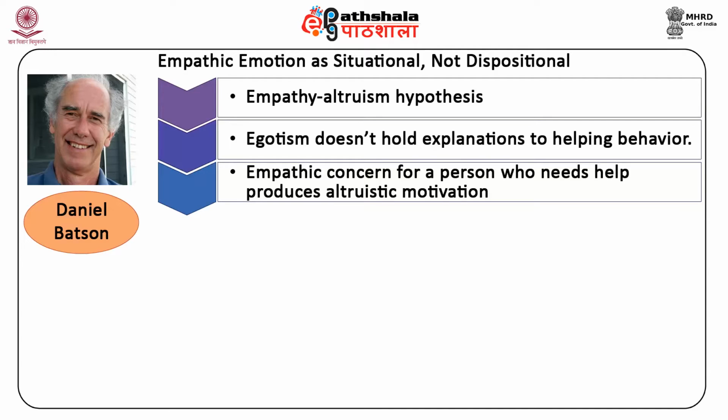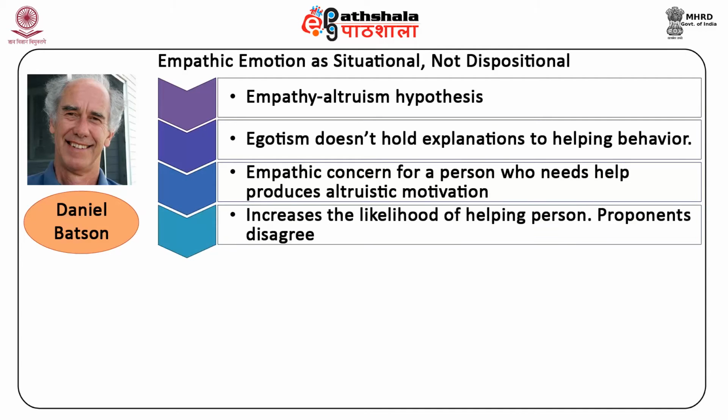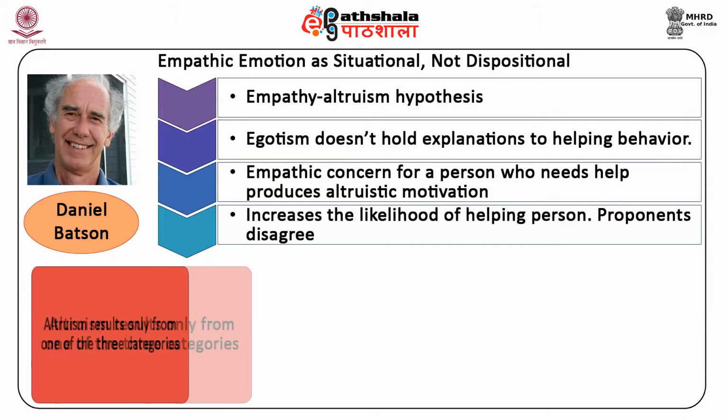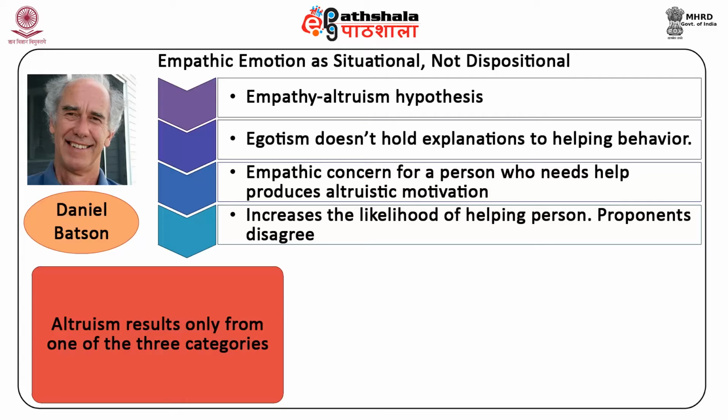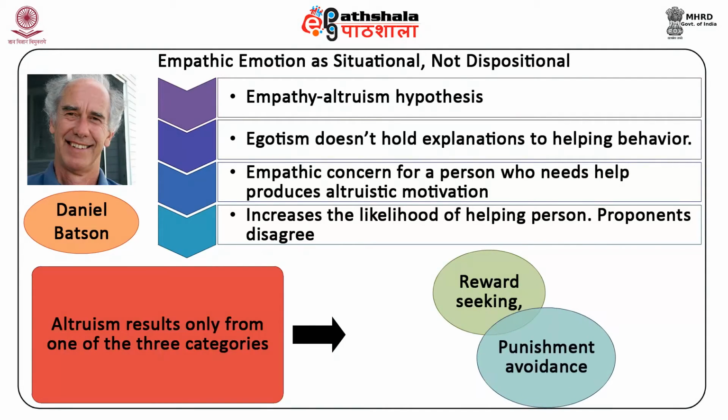Empathizing with another person increases the likelihood of helping that person. Proponents of egoistic alternatives, however, disagree and say that altruism results only from one of three categories of empathy-induced egoistic motives: reward seeking, punishment avoidance, and aversive arousal reduction.